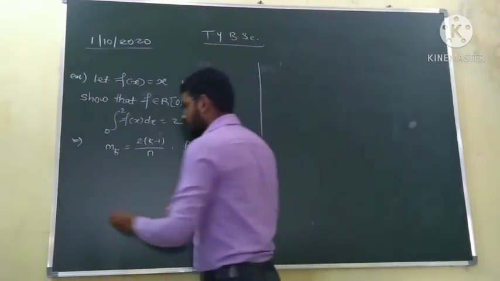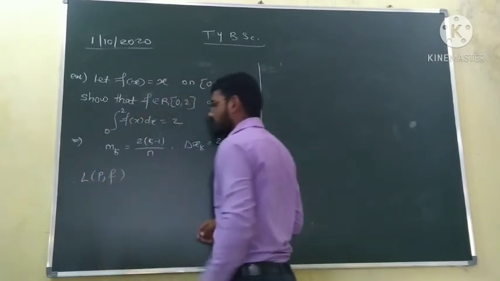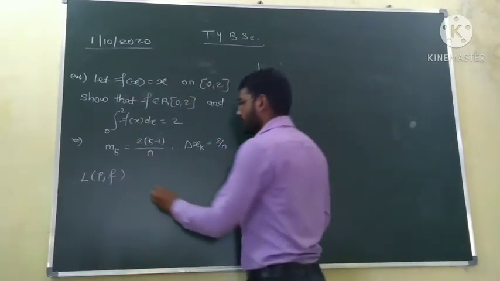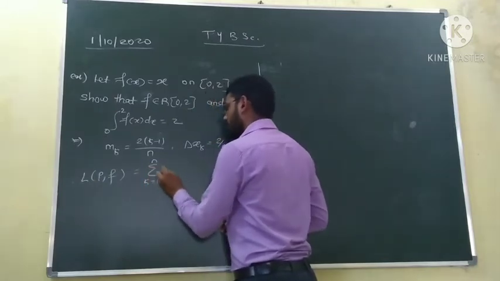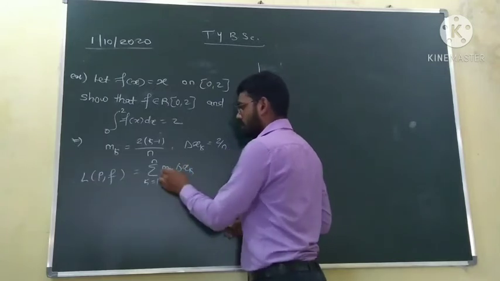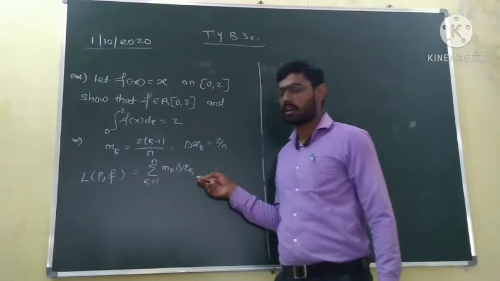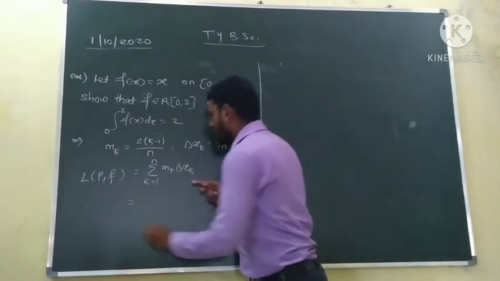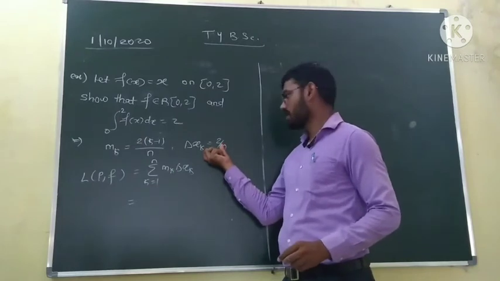The lower sum of the function corresponding to partition P is equal to the summation, k equal to 1 to n, of m_k delta x_k. Here small m_k is the minimum value of the function in the kth subinterval. So now we have the value of m_k and the length of the kth subinterval.